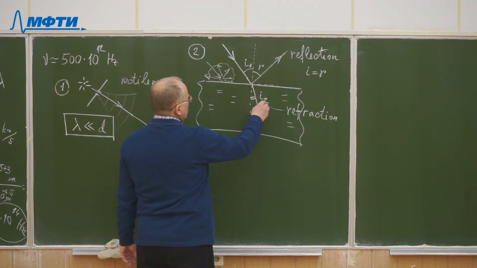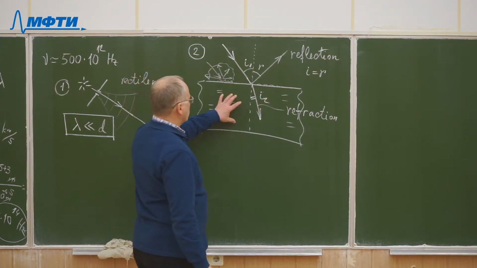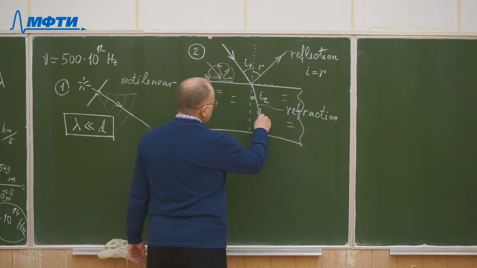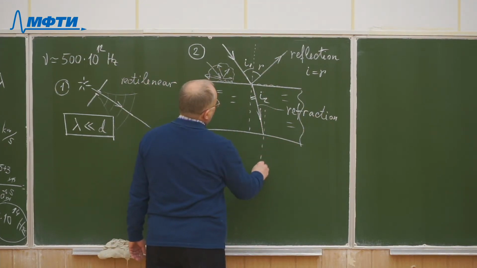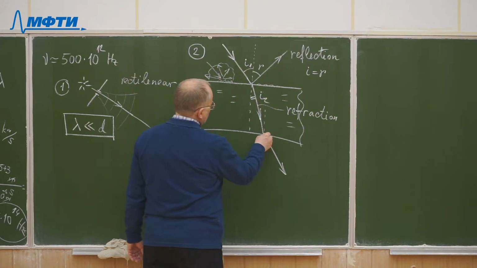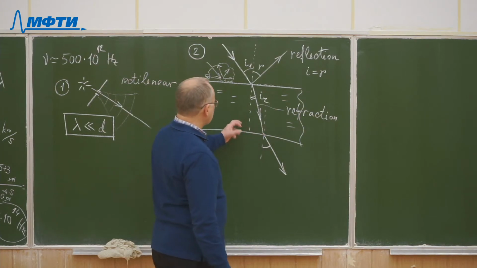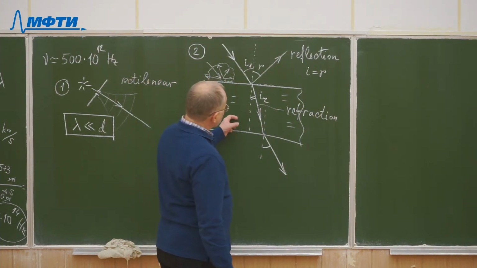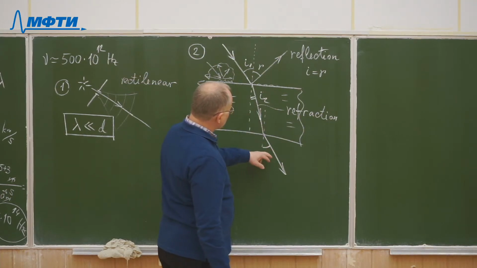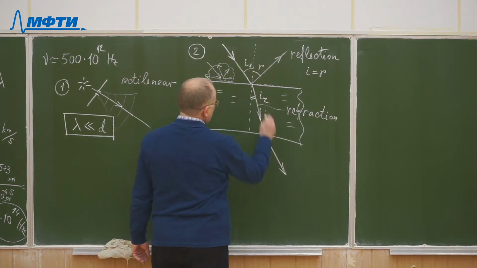The angle of refraction I2 depends on the properties of this transparent medium. And when this light beam goes out, it will again be refracted at the interface between the two media, the glass and air. And the angle here will again be I1, and that will be angle I2.